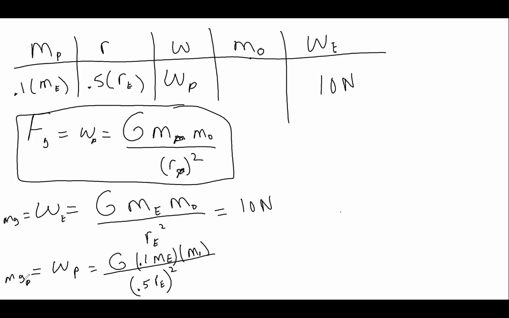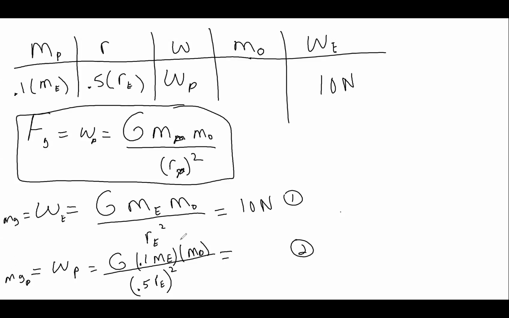So what is different in this equation? I'll call this equation 1, and this equation 2. What is different, class? Okay, this is the object.